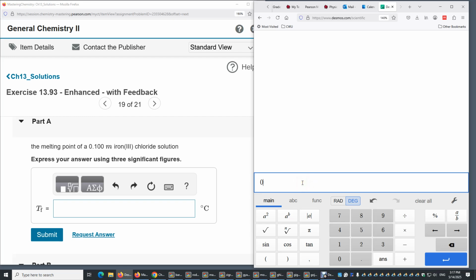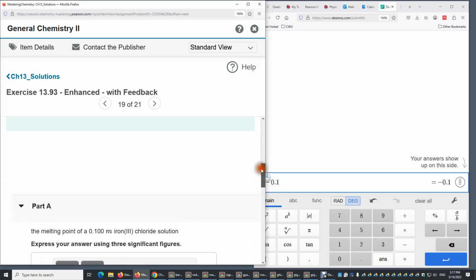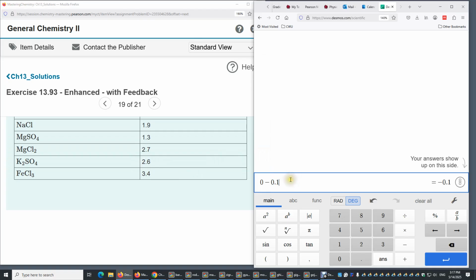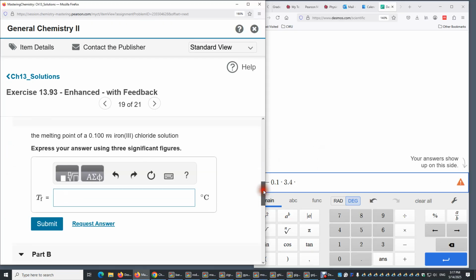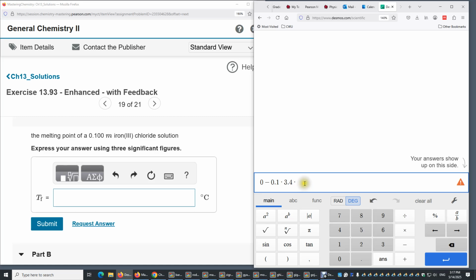It's going to be 0 minus, to emphasize the depression of the melting point, and we have 0.1 molal. The theoretical value of the Van 't Hoff factor is 4, but we have the experimental value 3.4, and then multiplied by the freezing point depression constant of water.